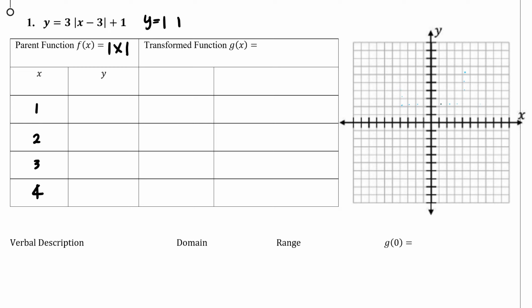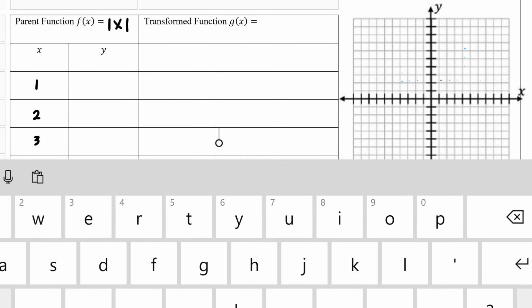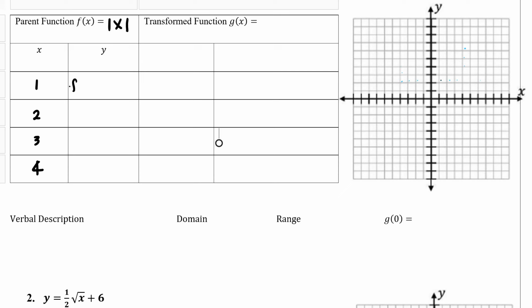So when x is 1, the absolute value of 1 is 1. When x is 2, the absolute value of 2 is 2. When x is 3, it is 3. When x is 4, it is 4.